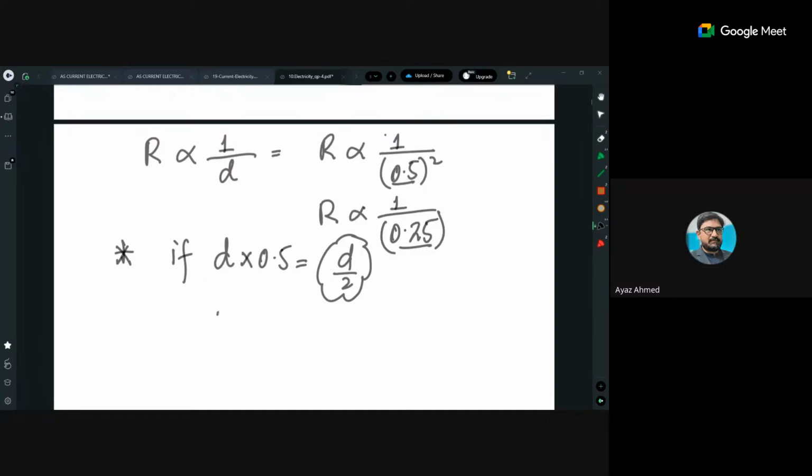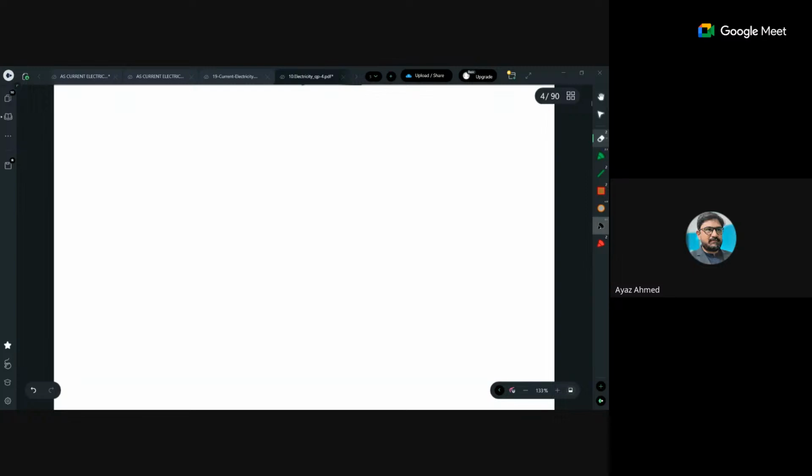And if resistance is multiplied by 0.25, it is same as resistance is divided by 4. तो ये बात याद रखनी है, इसमें I would prefer that you don't go to the points. If you go to the points, use this formula जो मैंने उस दिन बताया था, the master equation.